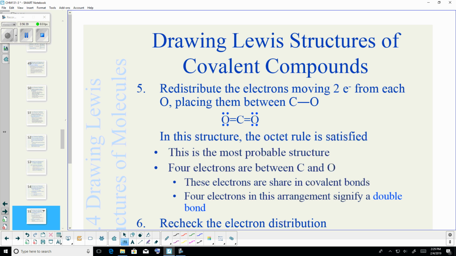So if we move 2 electrons from each oxygen, now we have C double bond O, C double bond O. Each line is 2 electrons, so there's 4 electrons in the double bond. So now the carbon has 8, 2, 4, 6, 8. Each oxygen has 8. So that is the Lewis structure for carbon dioxide.